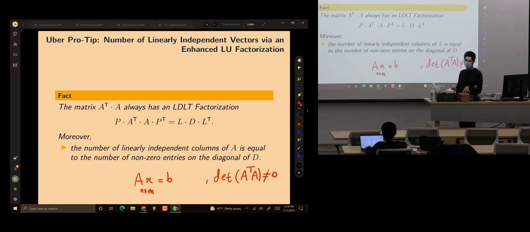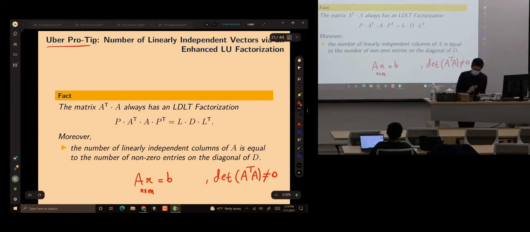Now, this was not for some advanced reason that we're not covering. Standard LU is not enough to talk about which of the columns, right, are linearly dependent. We wanted to exactly pull those vectors from the columns of A.